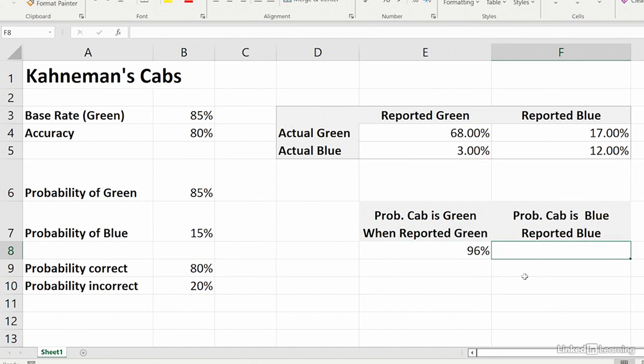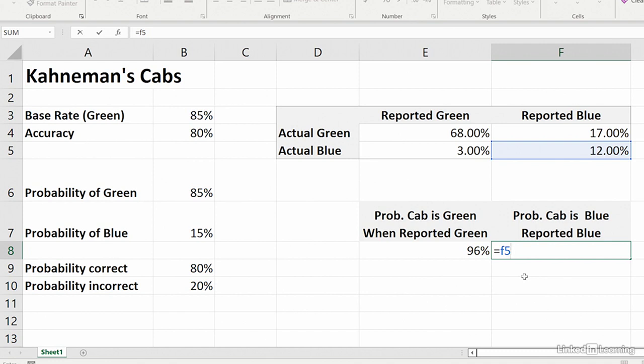Now we can perform the calculation that we did in previous movies as part of the example, and find the probability the cab is blue when it's reported blue. So in F8, I'll type equal, and the probability that the cab is actually blue and is reported as blue is in cell F5. It can be very easy to use F4 as your basis, but remember that that is an incorrect guess.